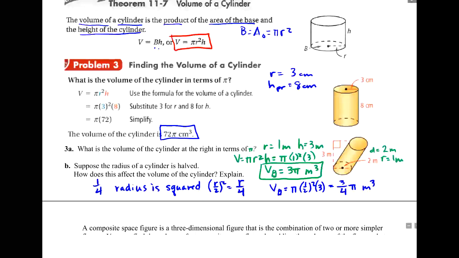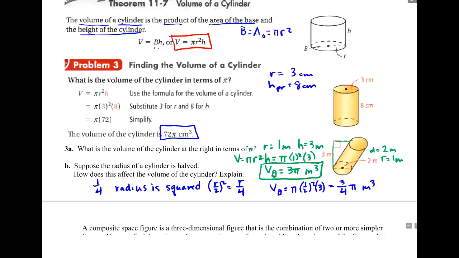And we know the height of our prism, measured perpendicular here between the bases. Even though this is an oblique prism, it still works for us. So our height is 3 meters, and we put that into our formula. We get 3 pi meters cubed for the volume of our cylinder.